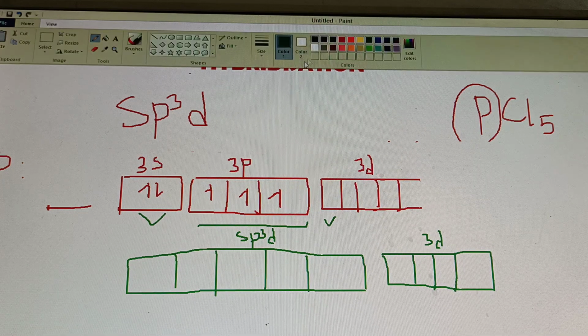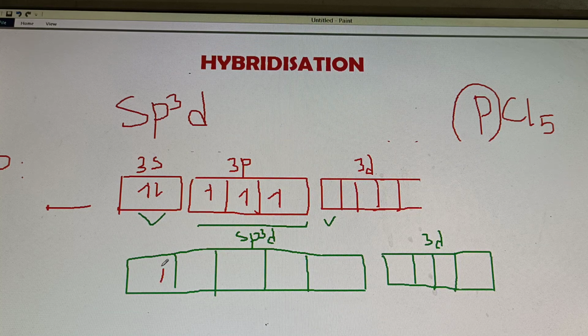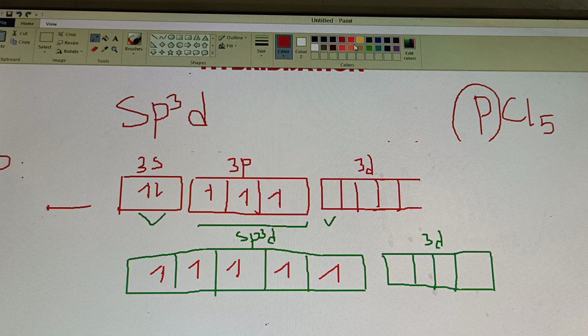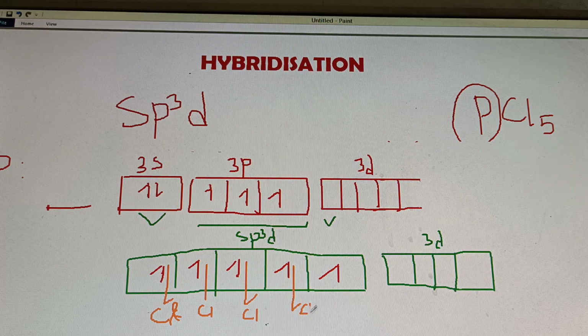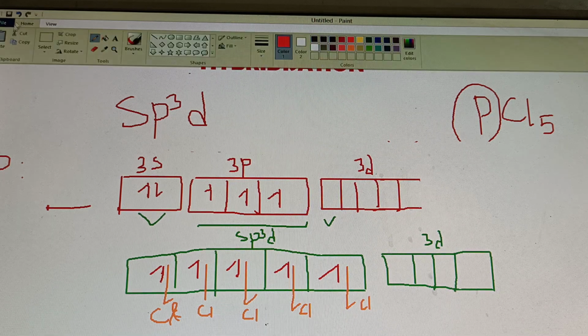So 5 electrons, 1, 2, 3, 4 and 5, will combine with five chlorine atoms to form 5 phosphorus-chlorine covalent bonds. Clear?